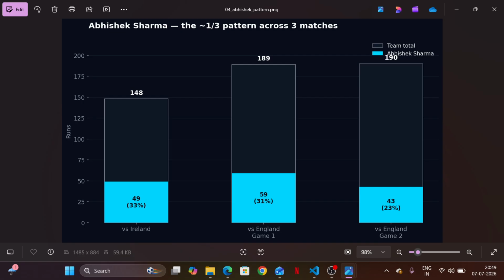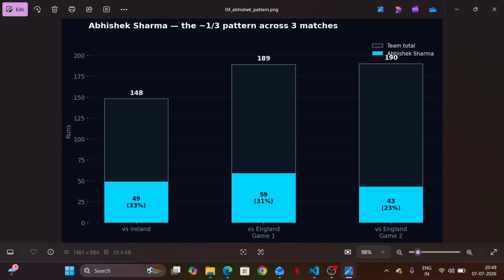Versus Ireland, he scored 49 out of 148 runs, which means 33% of the runs were scored off Abhishek Sharma's bat. Versus England, game one, he scored 59 out of 189. Again, 31% was scored by Abhishek Sharma.